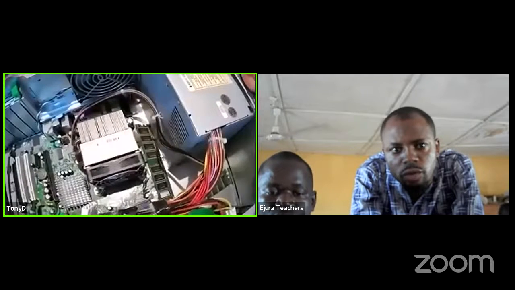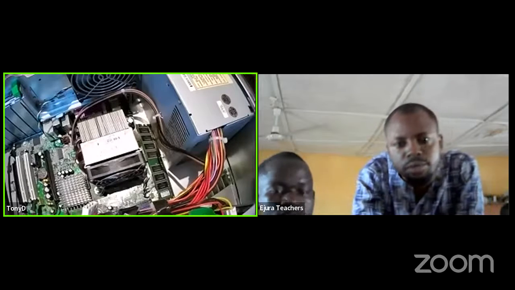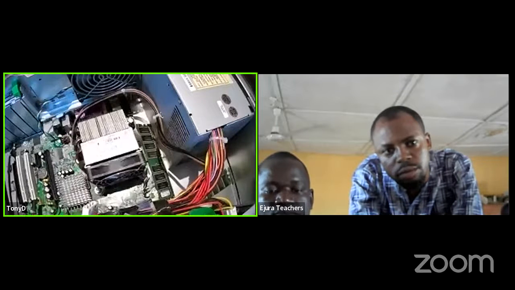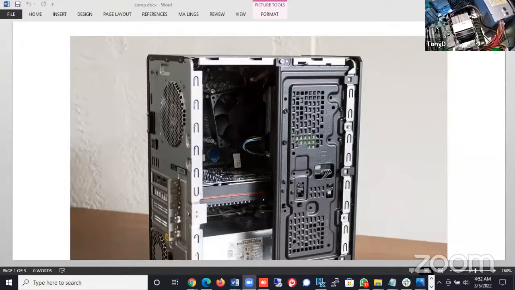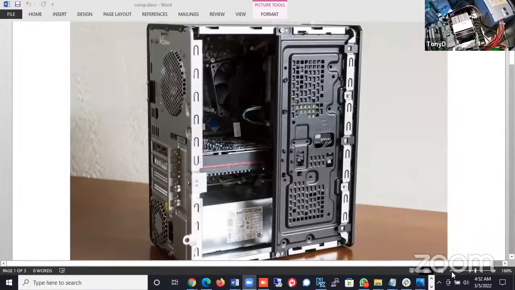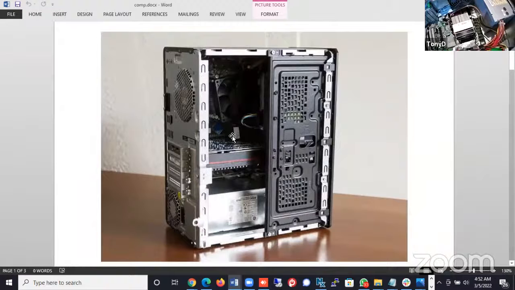So when you look at the case of a computer, I'm just recapping what we said. The case of a computer looks something like this.